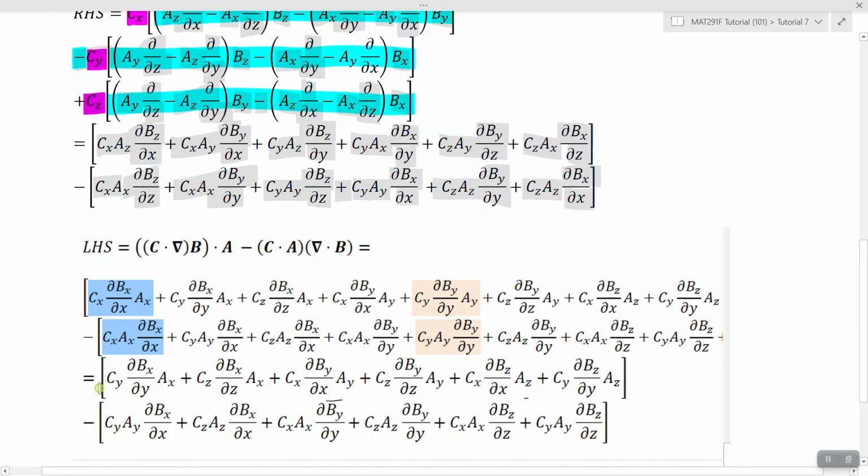So you see I've grouped here. We have again also a grouping of all the plus terms and all the minus terms, and if you go one by one, you'll notice they are the same. Let me actually highlight them and show you. So ax, cy, partial y, bx, this would be this guy right here.